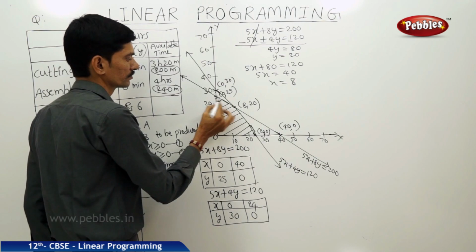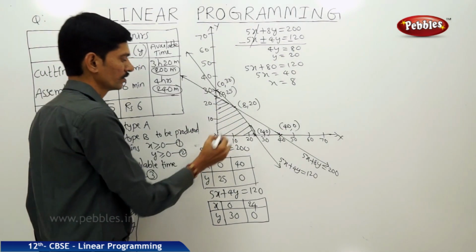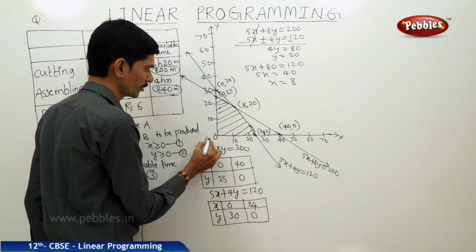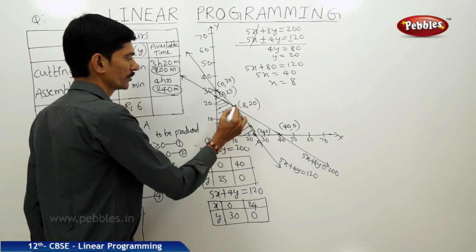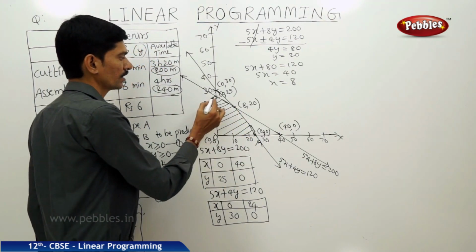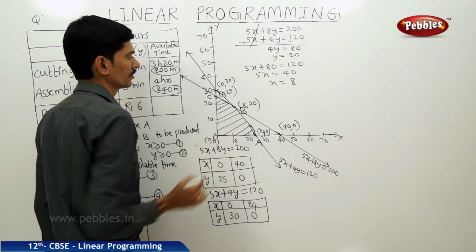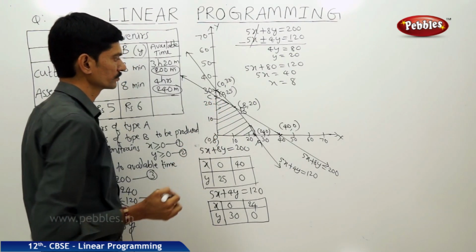Now this is a common region which is represented by all the inequalities, which is common to all the inequalities. So this is the bounded region whose vertices are O 0, 0, A 24, 0, B 8, 20, and C 0, 25.